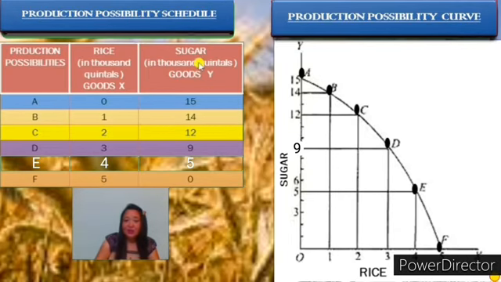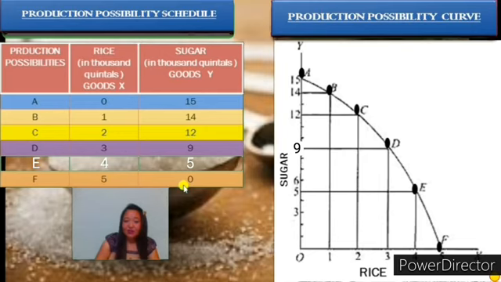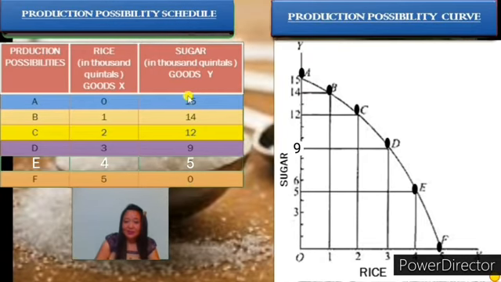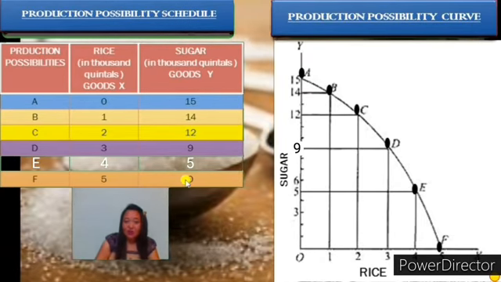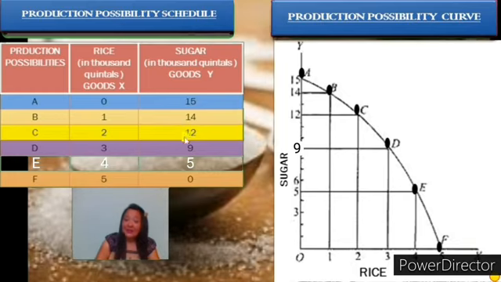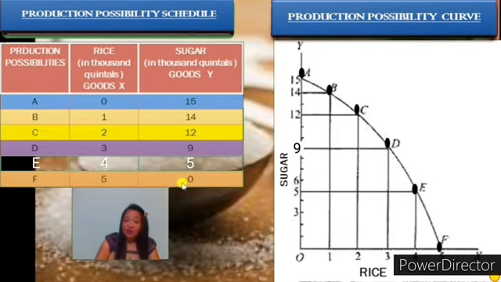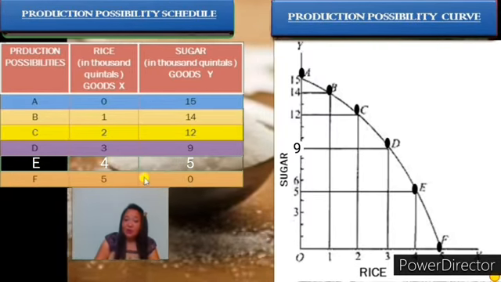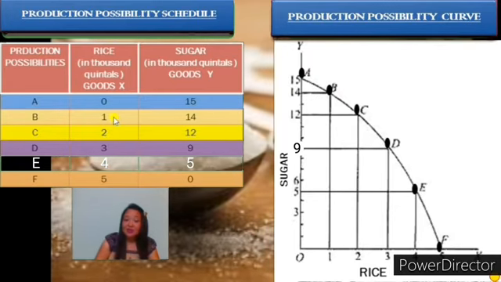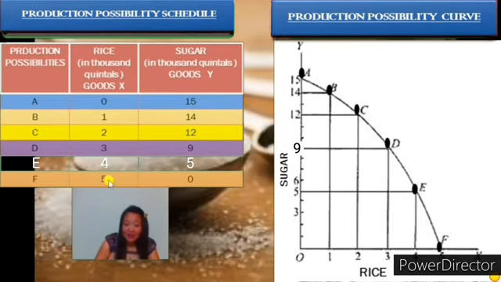We notice there is a continuous sacrifice in the production of sugar. When there is a continuous sacrifice in the production of sugar, there was a continuous increase in the production of rice.